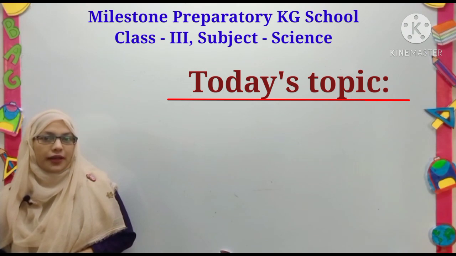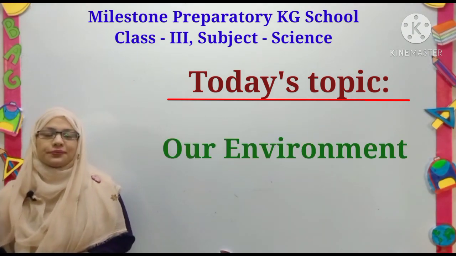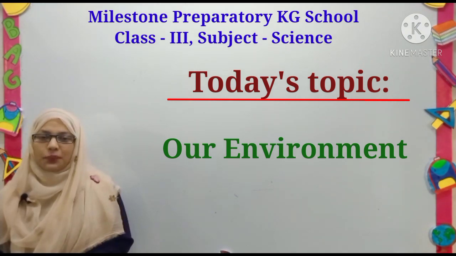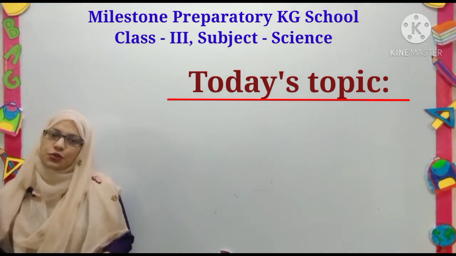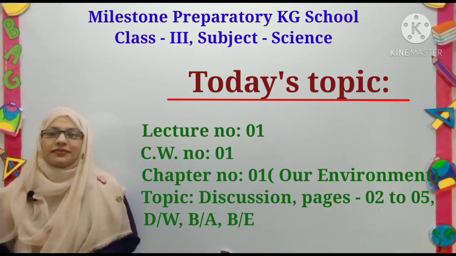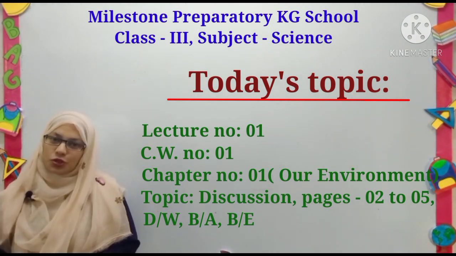So, today we are going to discuss our environment. Yes, dear students, now take out your CW copy and start writing our today's topic. Today, our lecture number 1, CW number 1 and chapter number also 1.